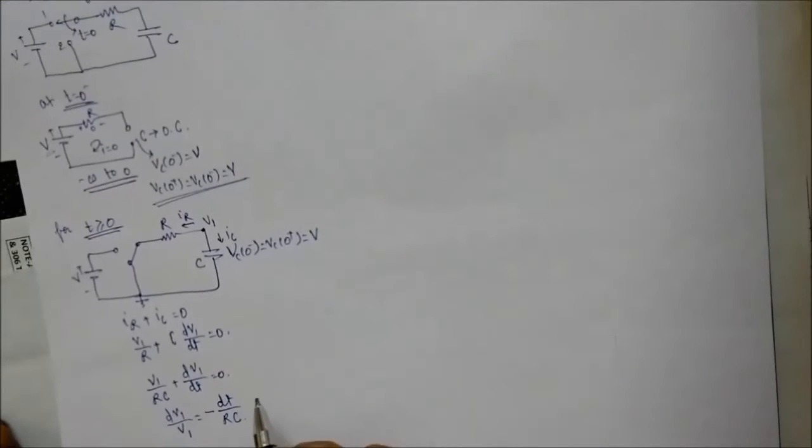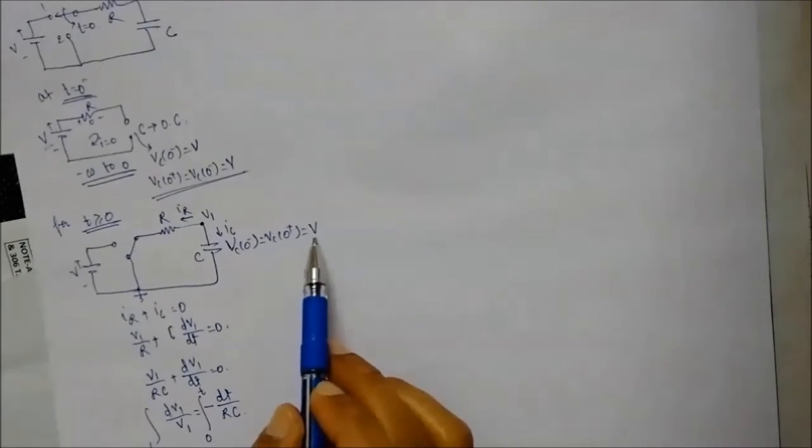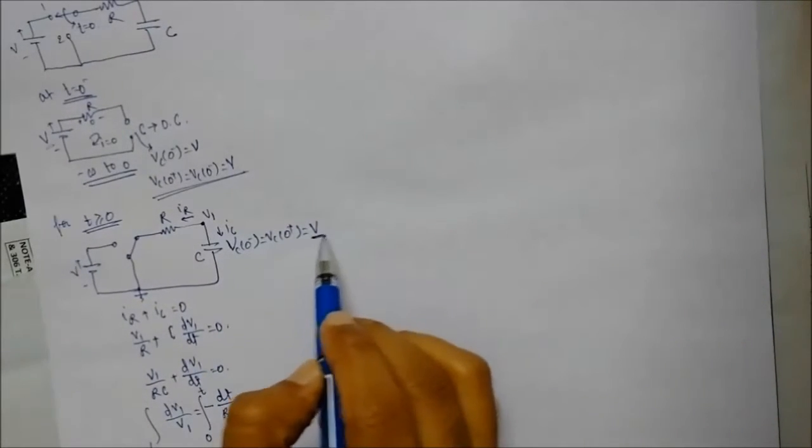Now integrate both sides. We get integration of dt from 0 to t, because switch is moved from position 1 to 2 at t equal to 0, and V1 will be from initial value V, because initial value of capacitor is V, to V1(t).